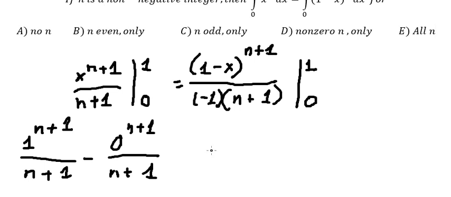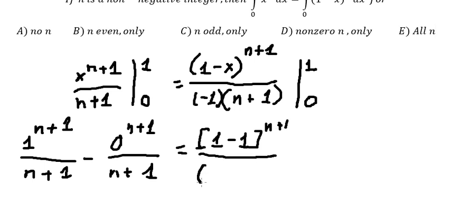Now for this one, we put 1 in here. So we got like this. Minus, we have 1 minus 0.